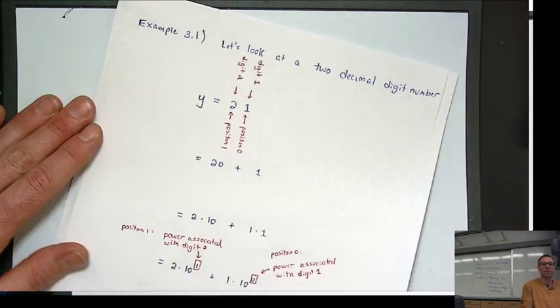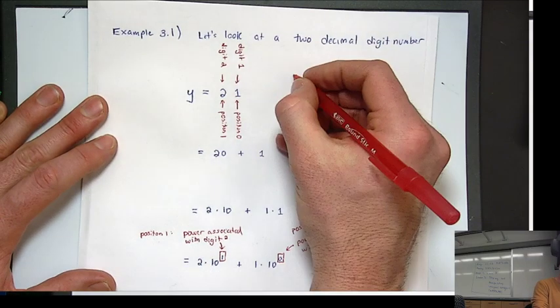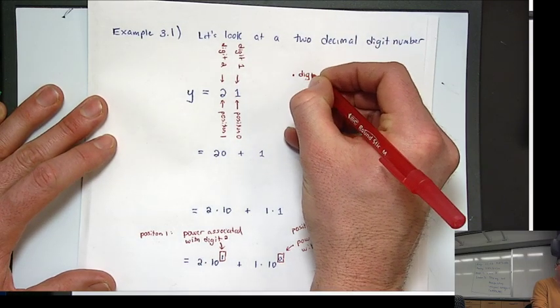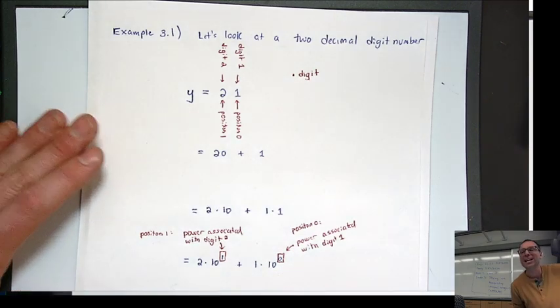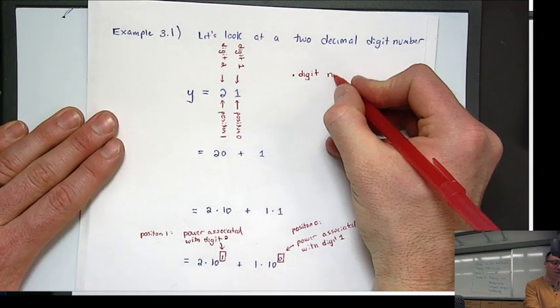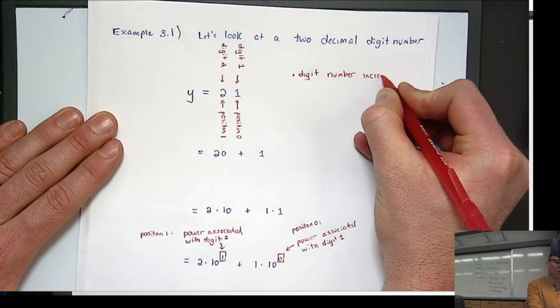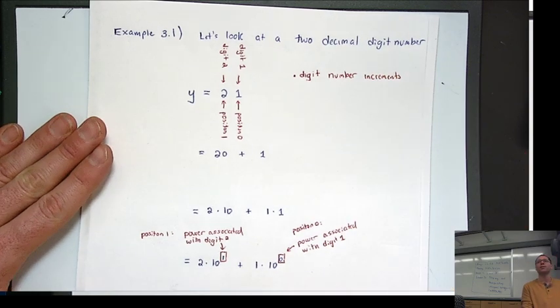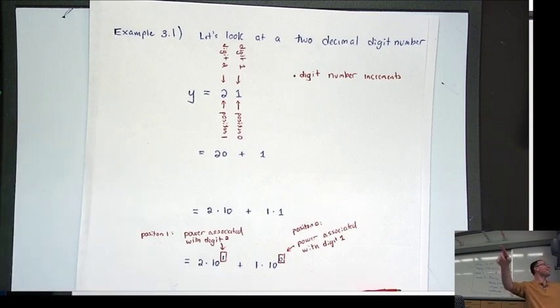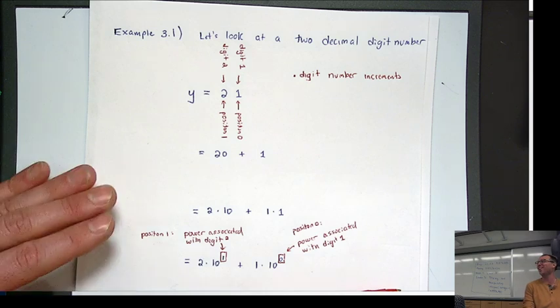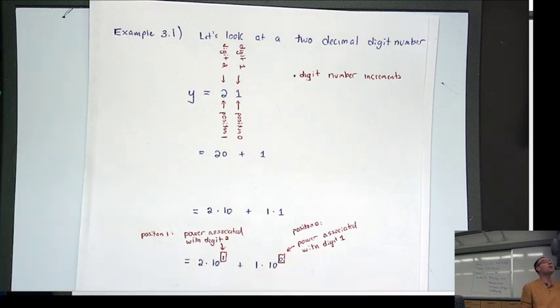So let's go ahead and do this. Let's see our observations. What are our observations? The digit number increments. What does it mean to increment? She didn't even have to say a word. She just went like this. That's called style. Goes up. Increments from left to right or right to left?